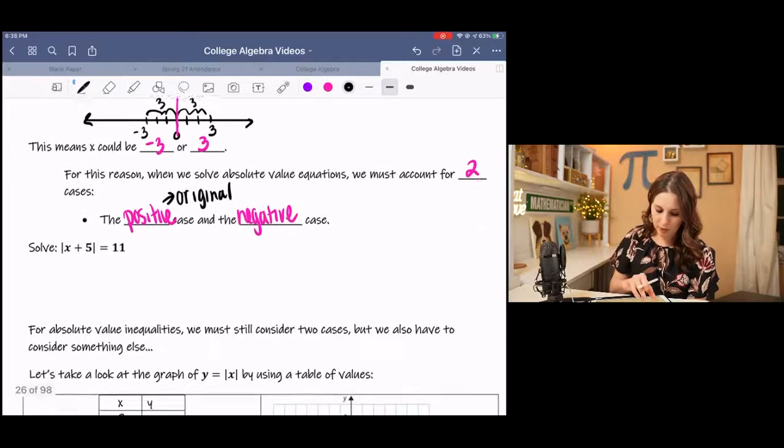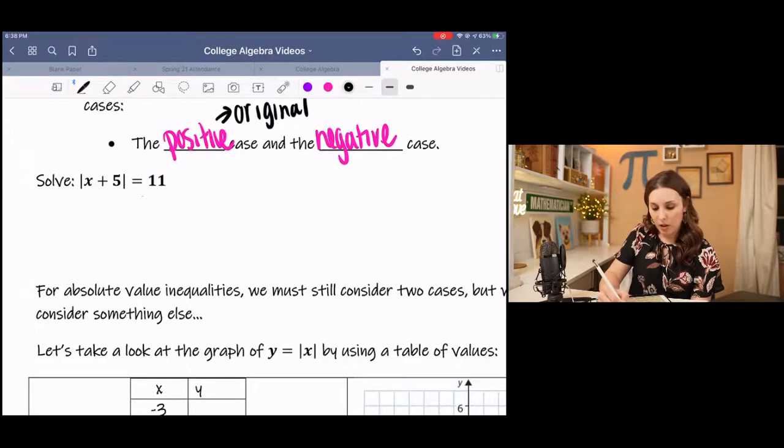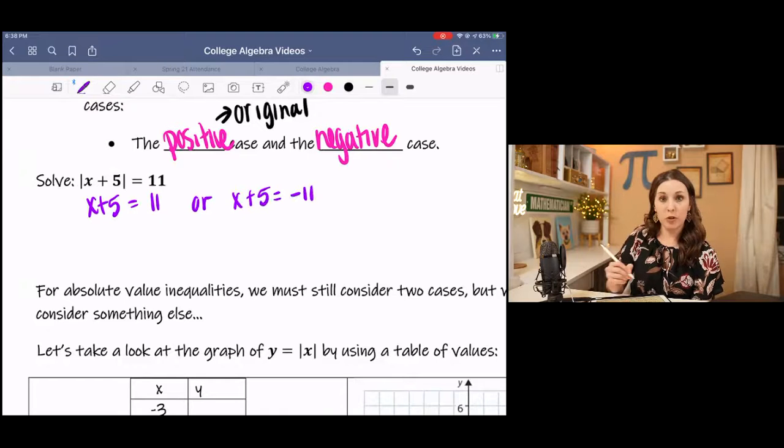So I have an example down here of an absolute value equation. It says absolute value of x plus 5 equals 11. So this means that the distance from 5 equaling 11, we could have the case of the original, the positive direction, or we have the case of the negative direction.